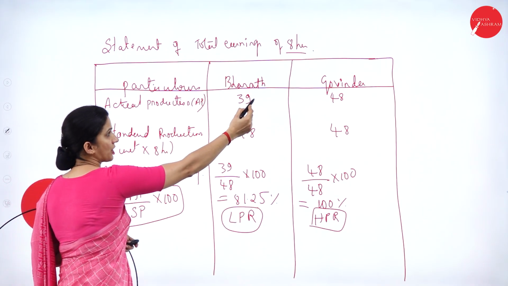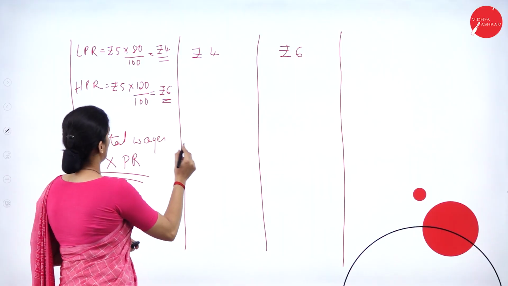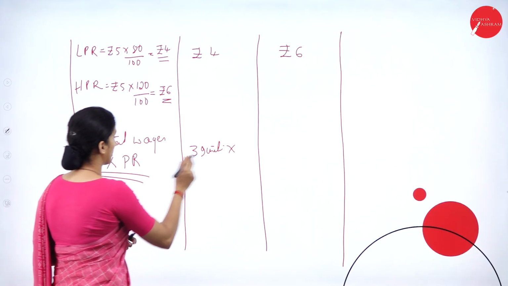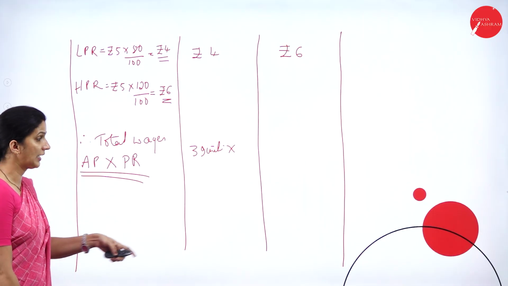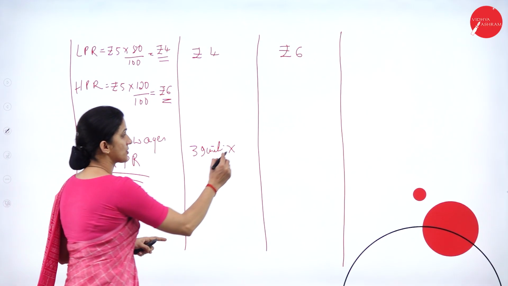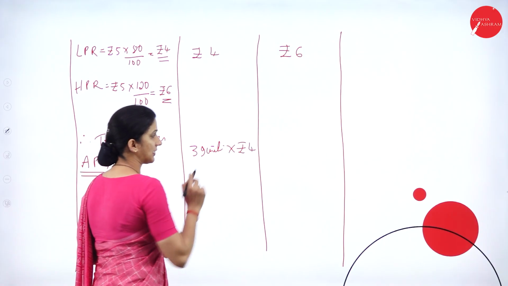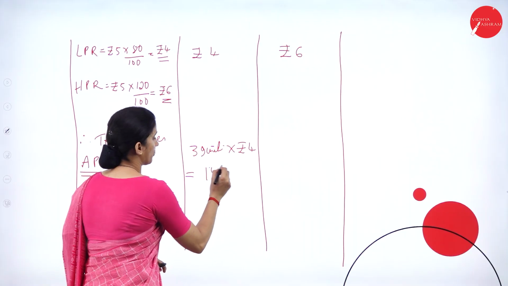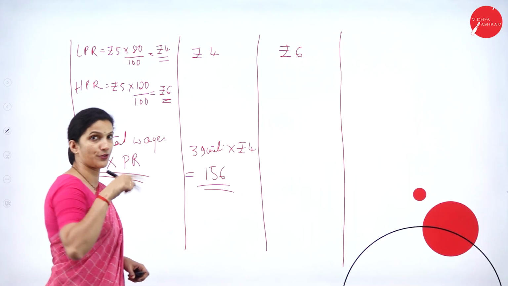Bharat's actual production is 39 units, into what is the piece rate applicable for him? He is getting the low piece rate, that is rupees 4. So 39 into 4, the wage amount that he is going to get is rupees 156.